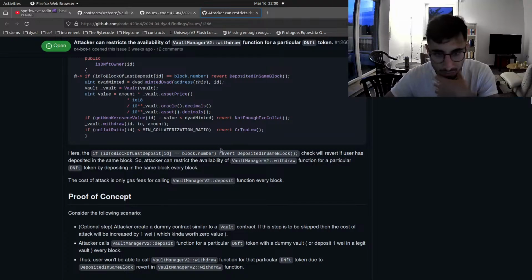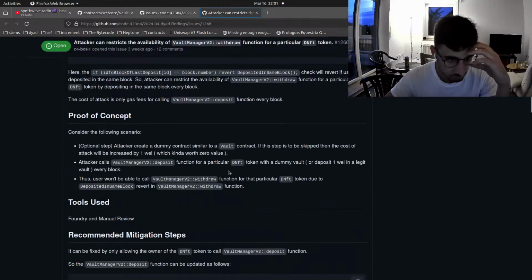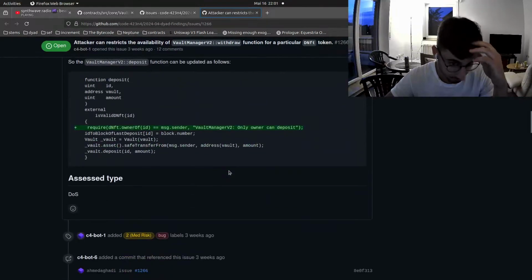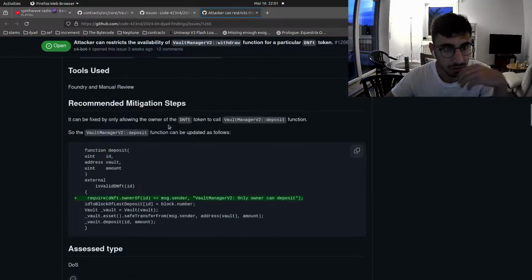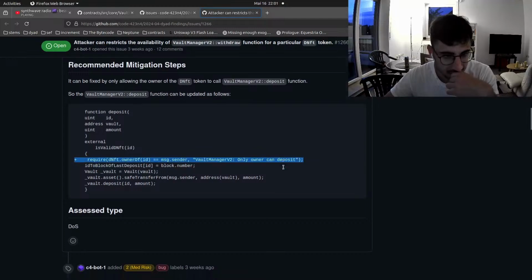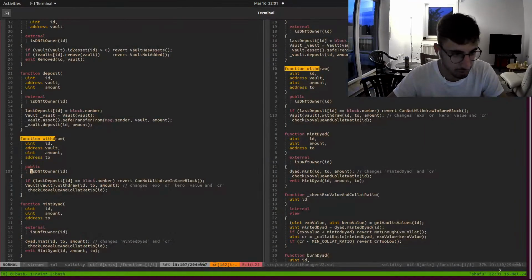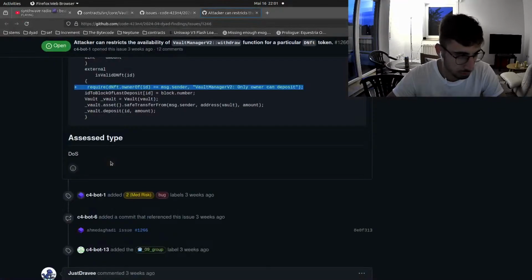Here, require DNFT owner. Yeah, this actually shows you they should use the modifier. So we have our modifier is the DNFT owner. Okay.